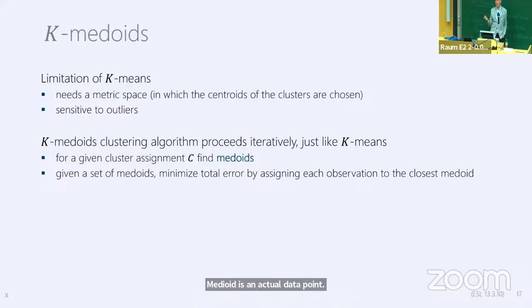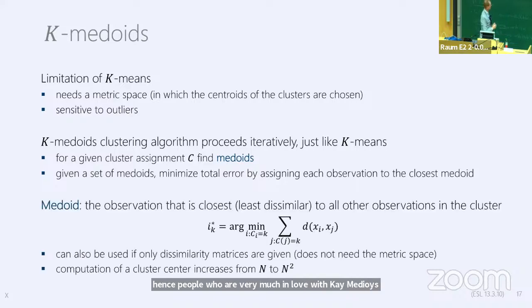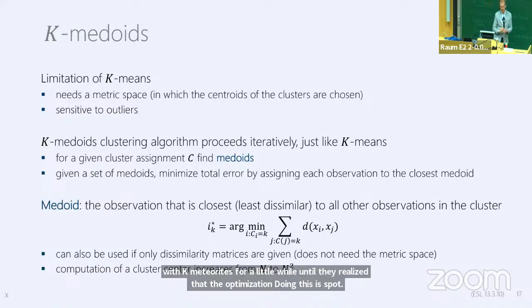Whereas the mean can be arbitrarily wrong. It can combine certain values such that you think, okay, this can never happen, this is not viable. Whereas the median always will be. So people were very much in love with k-medioids for a little while, until they realized that the optimization is ridiculously hard.